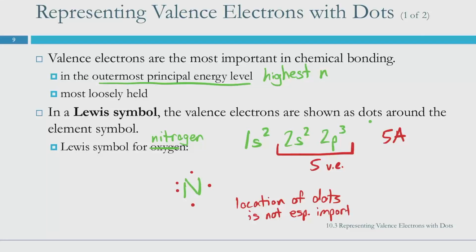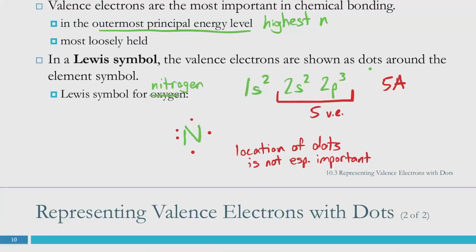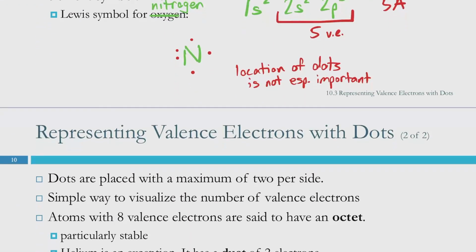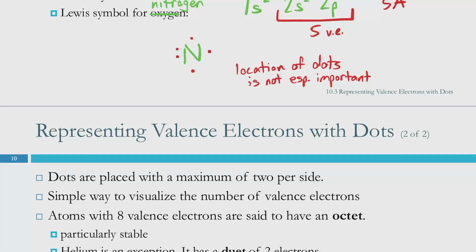You could draw the double dots instead of on the left, on the top, on the right, or on the bottom. The most important thing is that we've got electrons on all 4 sides, and one of those sides has 2 dots to give us 5 dots. So dots are placed with a maximum of 2 per side, using nitrogen again as our example. Those sides are up, right, left, down.